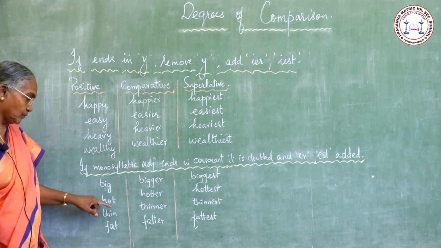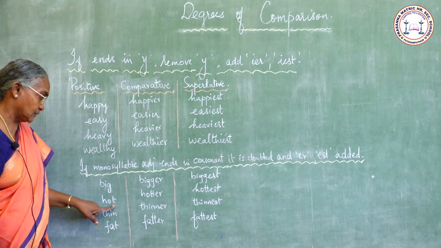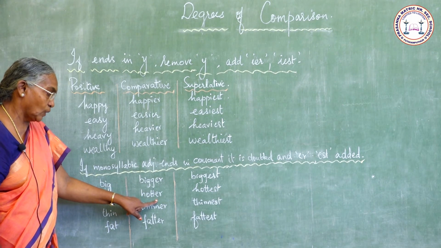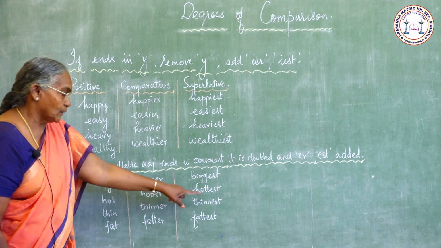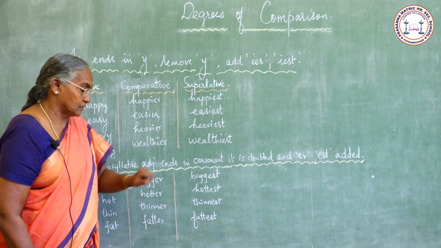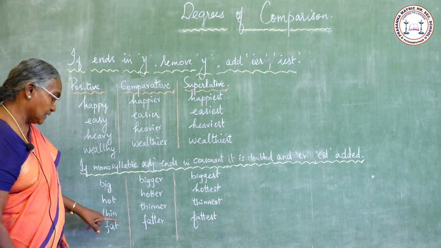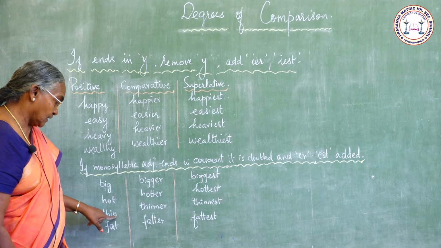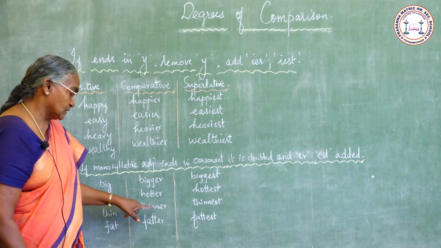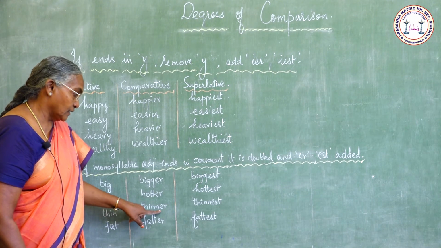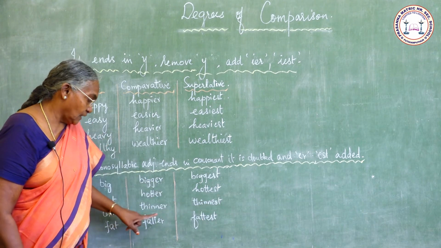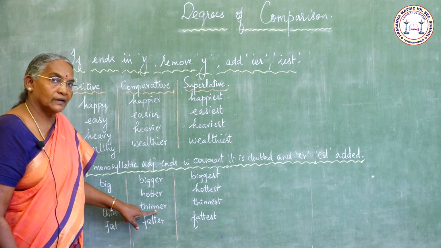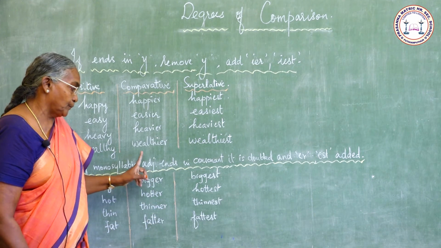Hot, T is the consonant, it is doubled here, hotter, and it is doubled here, hottest. Thin ends in consonant N, we double the consonant, thinner and thinnest. Here the consonant is doubled and ER is added for comparative.